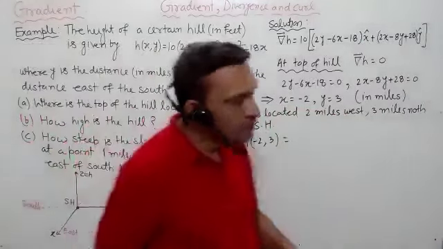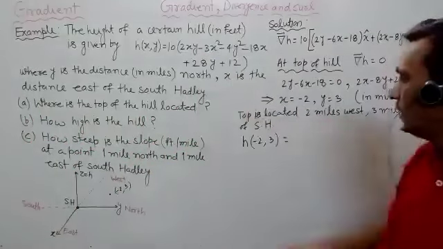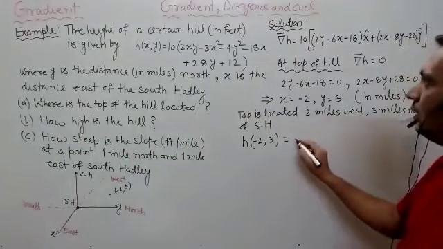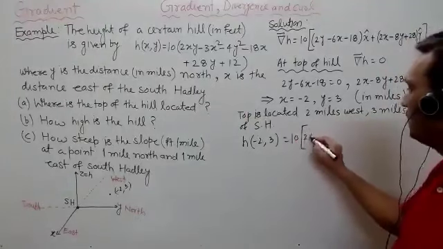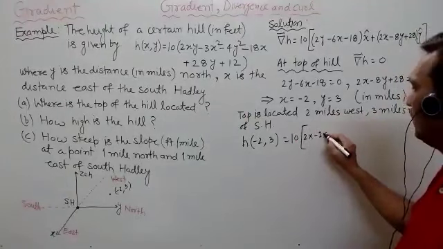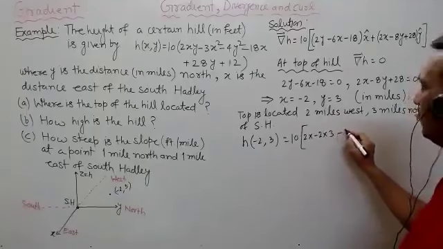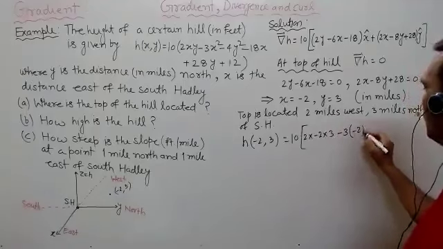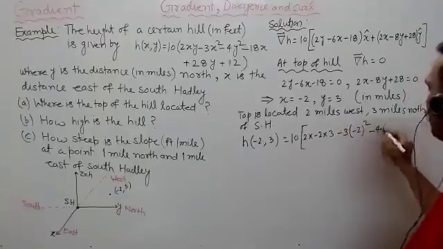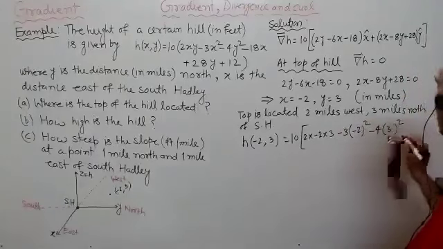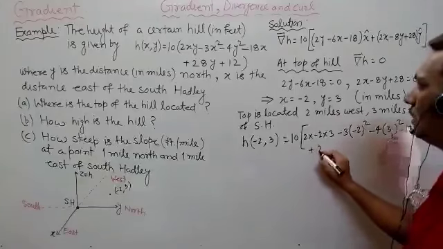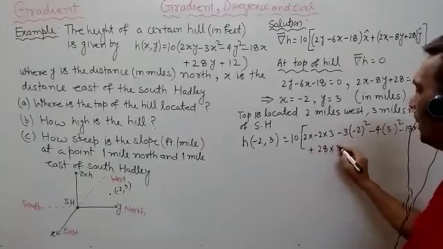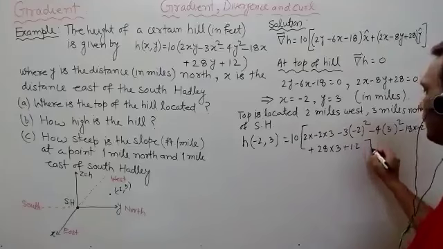You have to substitute here: 10 times (2 times minus 2 times 3, minus 3 times minus 2 whole square, minus 4 times 3 whole square, minus 18 times minus 2, plus 28 times 3, plus 12).